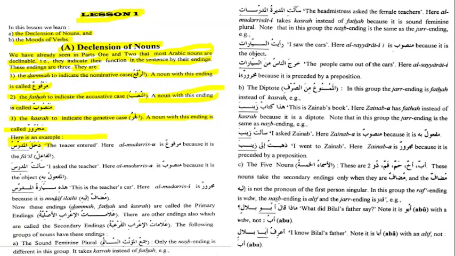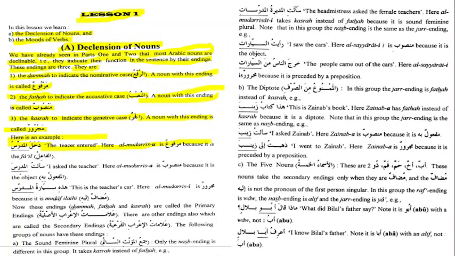Remember, fi'lu amrin wa mudiyin buniya. So dakhala is fi'lu madin mabniyun ala fath. And then you have al-mudarrisu, which is fa'ilun marfu'un bidamma. That's what we're talking about here. So the teacher entered, of course, that's the translation.